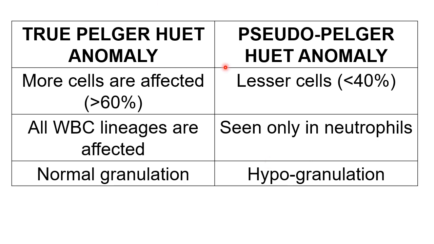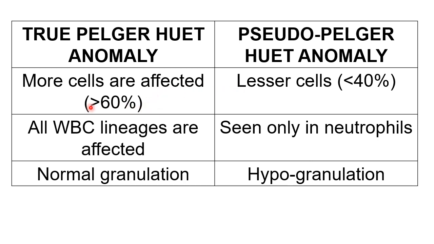Okay, we have true versus pseudo. Pseudo means false. So, mukha lang siyang Pelger-Huet, pero in actuality, hindi talaga siya Pelger-Huet. So, paano mo ma-differentiate ngayon yung totoong Pelger-Huet versus the pseudo Pelger-Huet? Okay. So, number 1, number of cells affected by the hyposegmentation.